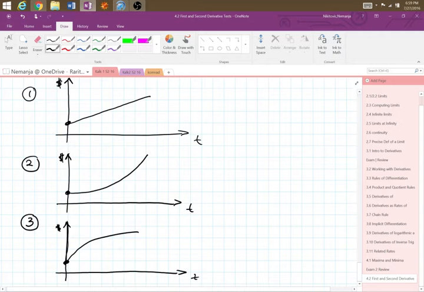So over here, you have that it's increasing and concave up. The number 3 is increasing and concave down. So let's write that. This one is increasing, no concavity.